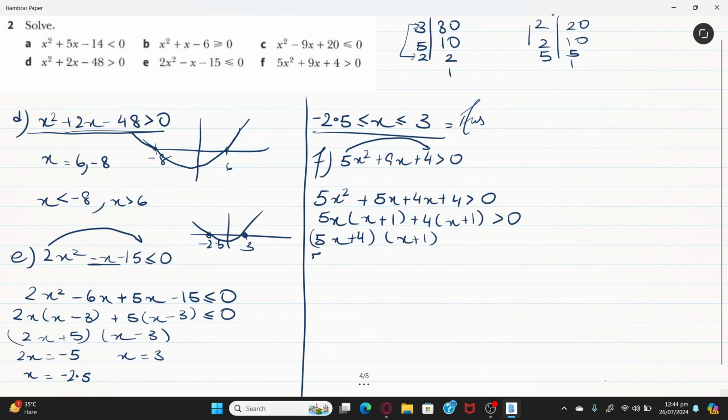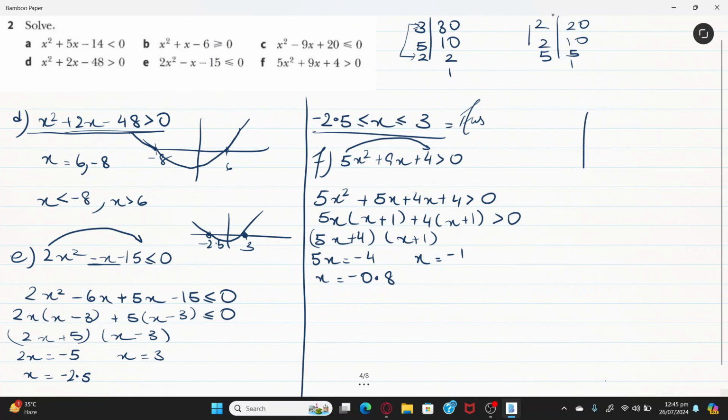So if we solve this, 5x equals negative 4, and x is equal to negative 4 divided by 5, and that is equal to negative 0.8. So negative 0.8, and for the other value, x is equal to negative 1. So these are the two values of x we have found out.